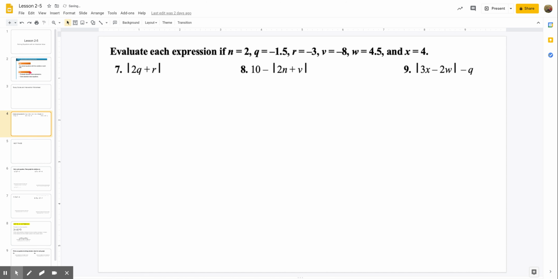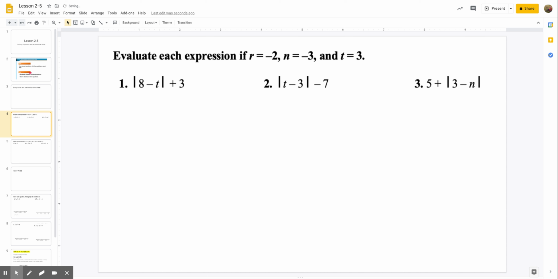So let's go ahead and go through number 1 together. The first type of problem you're going to get on your study guide and intervention worksheet is where you evaluate expressions with given values.